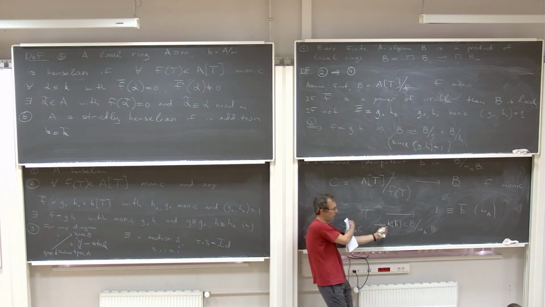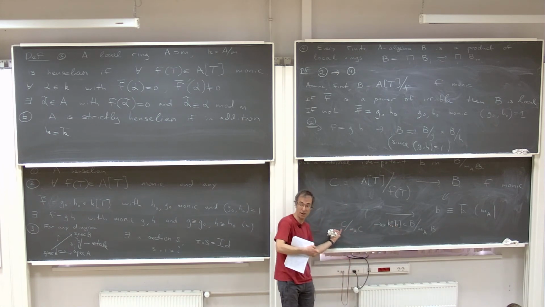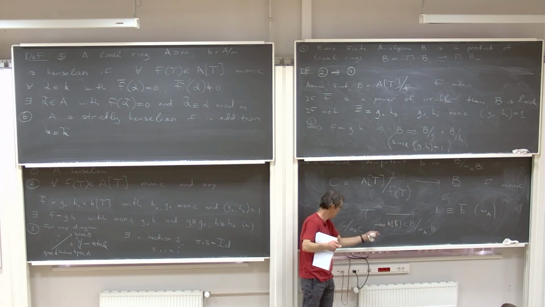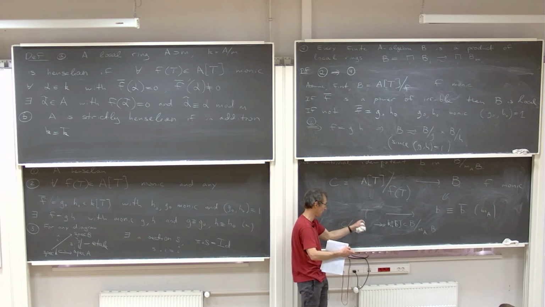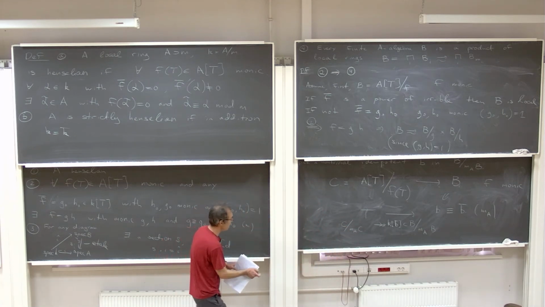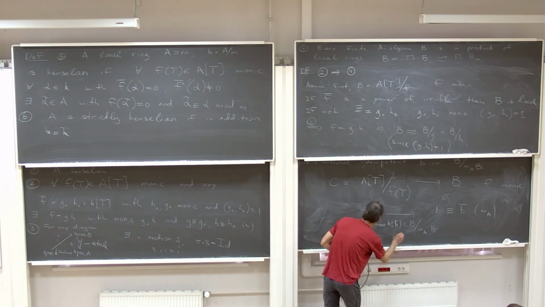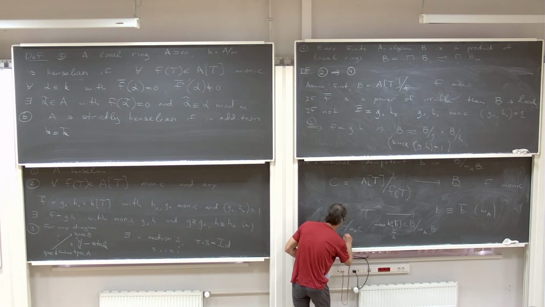Because think of this map on the level of spectra. This is an embedding of a finite set into another finite set. So an idempotent is just a function which is equal to 1 on a subset here, and 0 elsewhere. So you can extend it to a function of the same type on a larger set. So that means we have an idempotent here, B bar, and I can first lift it to an idempotent here.